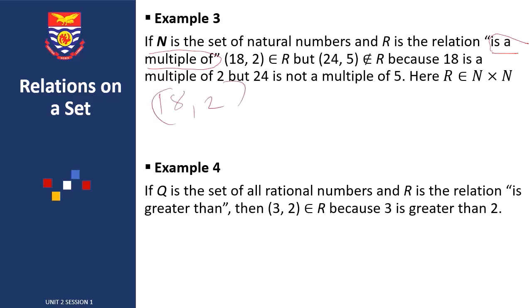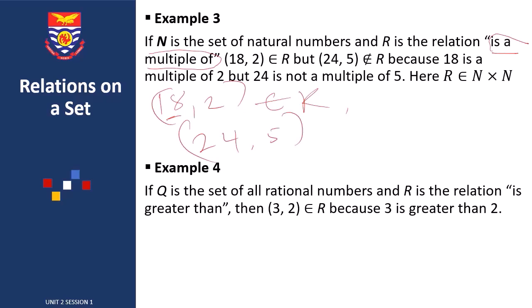Because 18 is a multiple of 2, then we can say that (18, 2) is a member of R. The reason is that multiples of 2 give 18. What about (24, 5)? Is 24 a multiple of 5?